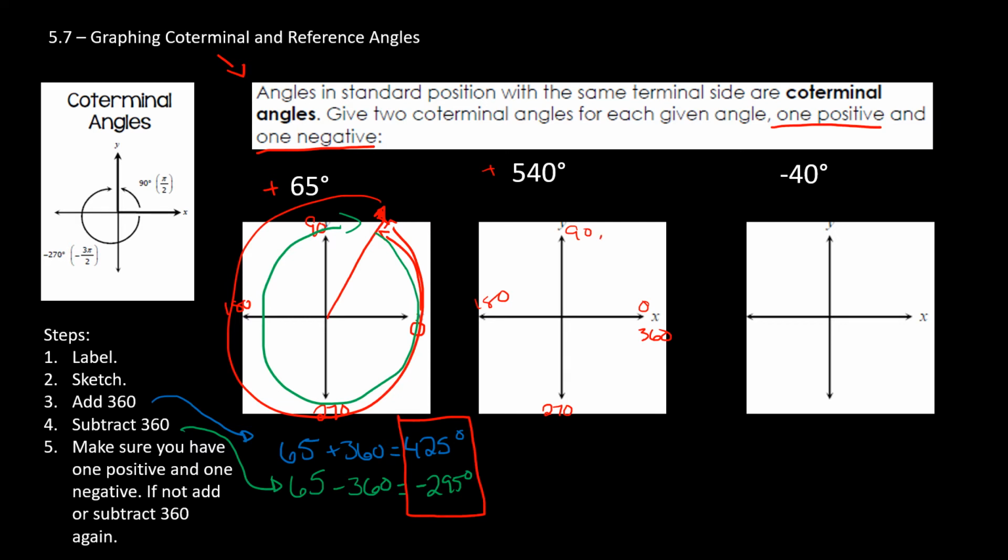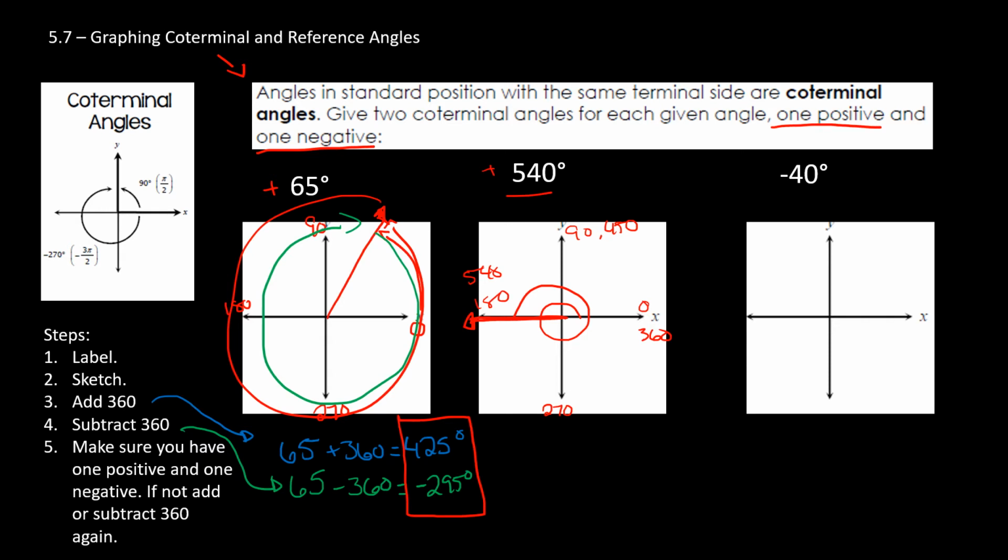We know that we're going to have to go to 450, and a little bit more. We know that 180 is going to be the equivalent of 540, and we can stop there because our value is 540. So what's happening is we went around once and we came here, and our angle actually is right here at 540.